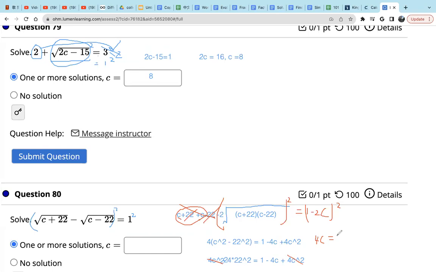We leave 1 on the right-hand side. Then we move negative 4 times 22 squared to the other side, becoming plus 4 times 22 squared. Then c equals this term divided by 4.